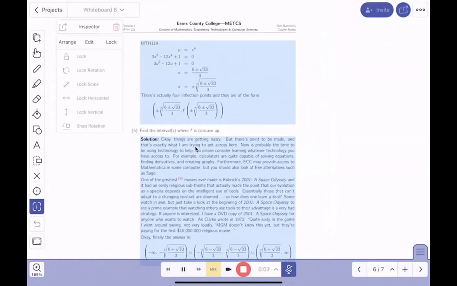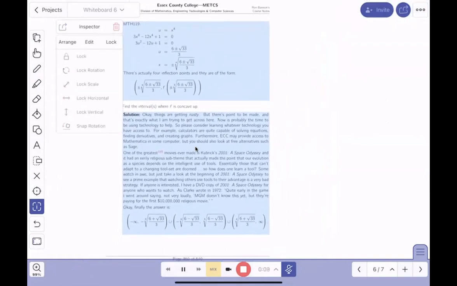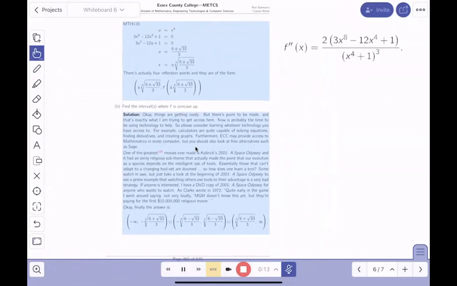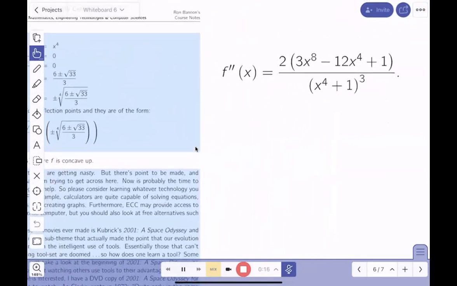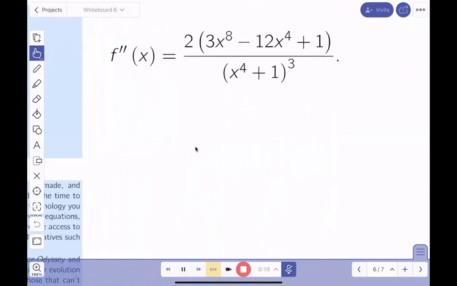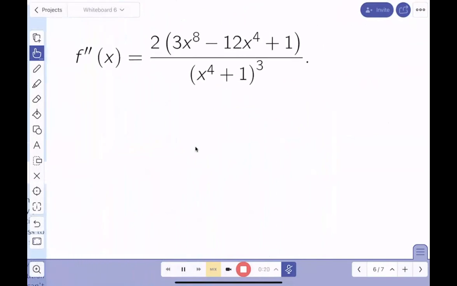And I really should emphasize what we're doing over here. And again, there's a point to this. So really what I'm doing is trying to find the zeros of this thing over here. Certainly as I'm doing this, I'll talk through it, but it's a nightmare. There's no doubt about it. But there's a point to every nightmare.